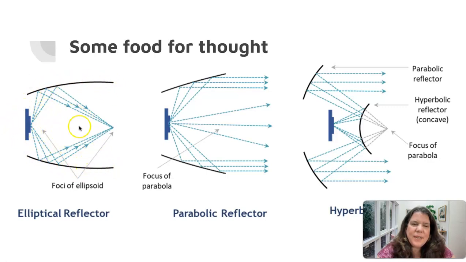What's going on in this picture? And then a hyperbola. This reflector is shaped like a hyperbola, but these are shaped like parabolas. Can you imagine what's happening as far as the foci and the shape of the reflectors and the geometry of everything involved?